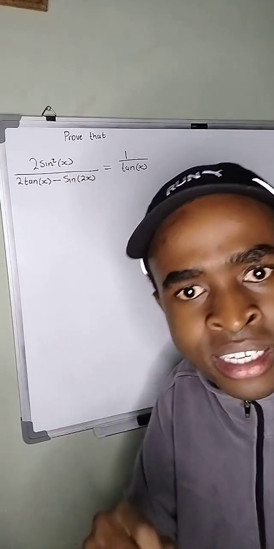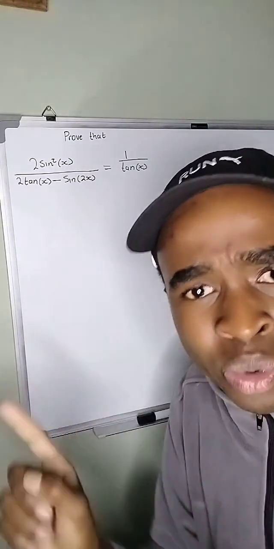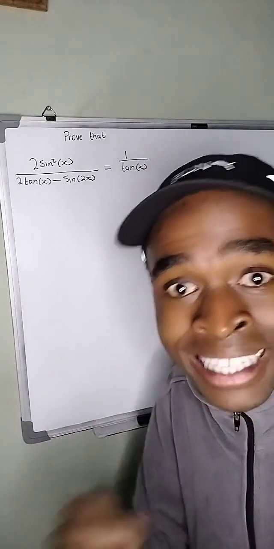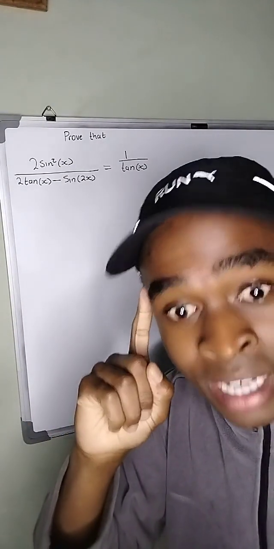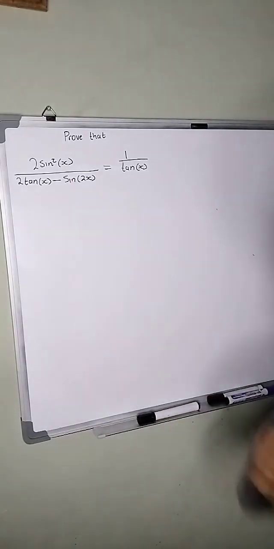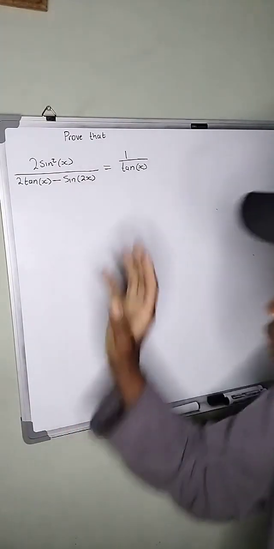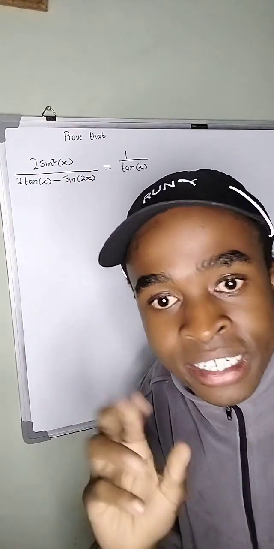But the question is, what is it that we have to do? Which one do we have to substitute in order to reach the answer? That's what we need to think about.